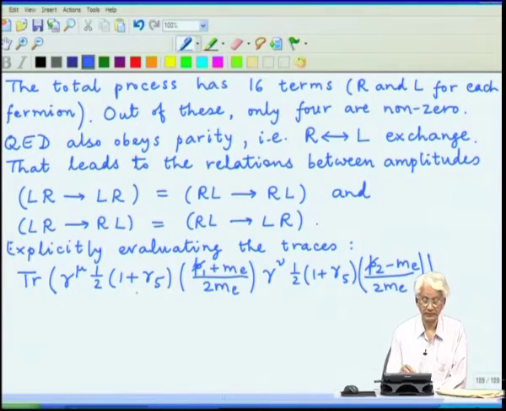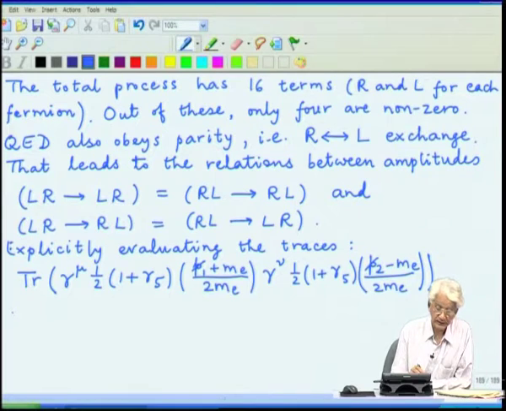I have just introduced the half (1 plus gamma 5) both for the electron wave function as well as for the positron wave function, and this actually corresponds to the helicities being opposite for the electron and the positron. In terms of the u and the v wave functions, the projection operator is the same, 1/2 (1 plus gamma 5), and that is according to the conventions which we have set up.